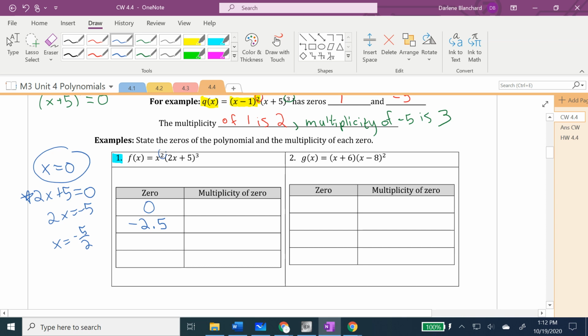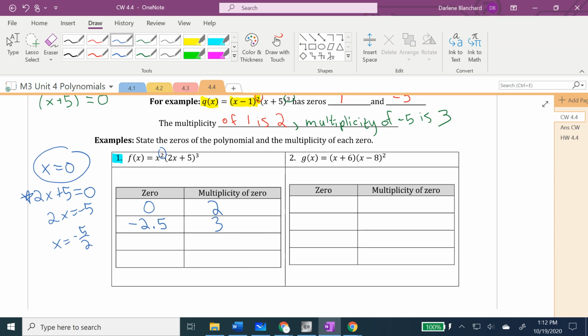So 2 is the multiplicity of 0, 0. What is the multiplicity of 0, negative 2.5? You got it, 3. And just know that I set these charts up with more room than necessary for the possibility that there may be polynomials coming with more zeros than just 2.